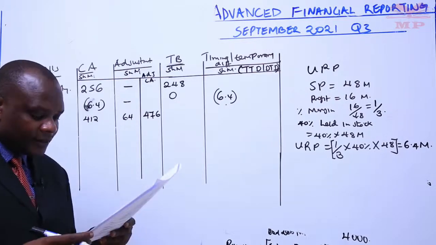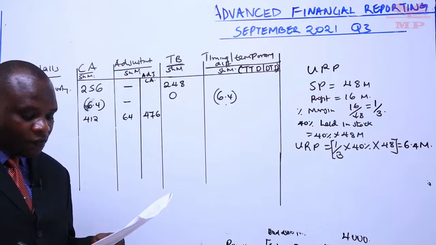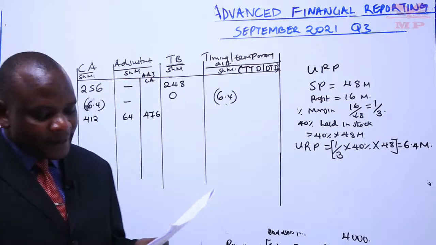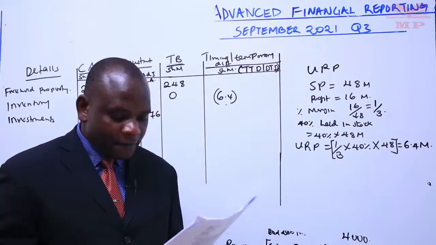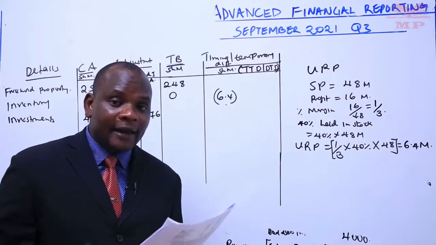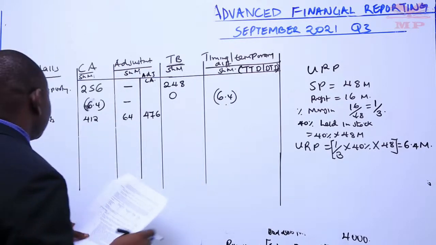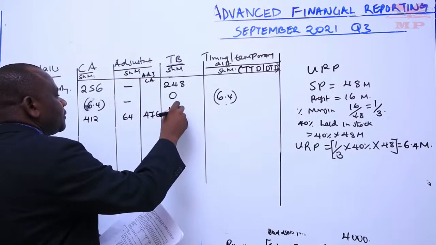recognizes gains when realized. According to the Income Tax Act, gains are only taxable when realized. And so, what is the tax base? The tax base is 412.